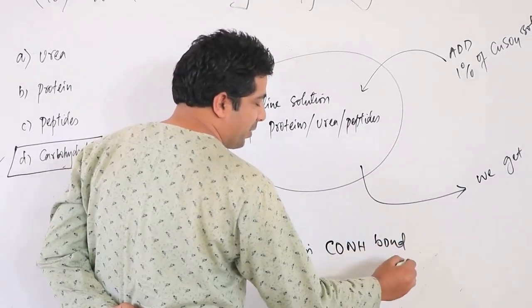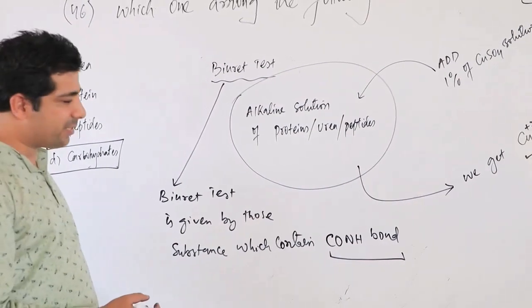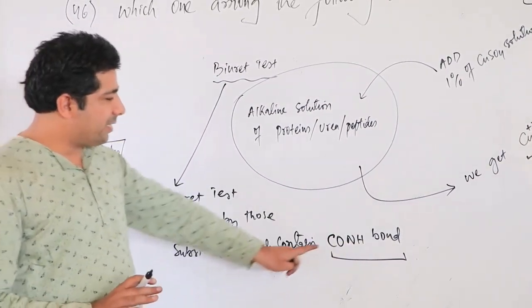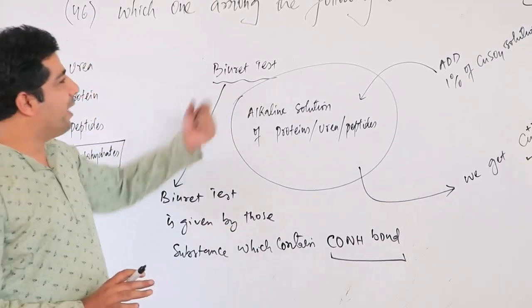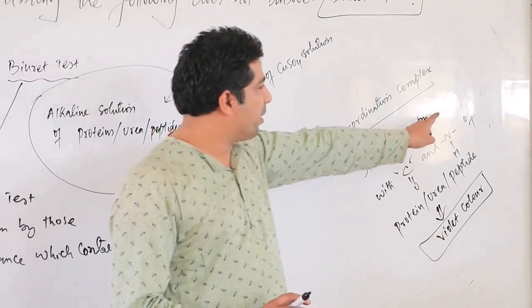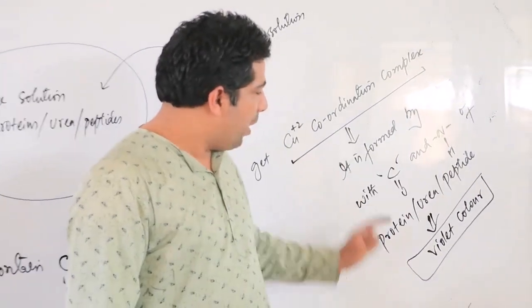Directly I will write down which contains CONH bond, or you can say which contains CONH groups, correct? Or you can write down CONH bond. So any substance which contains CONH bond will give the biuret test, because I told you this copper coordination complex is formed between copper plus 2 with CO and NH of protein.